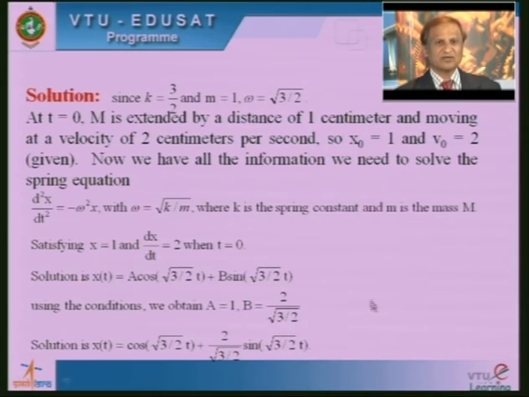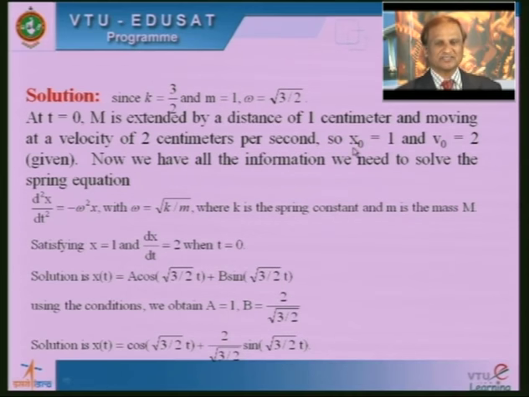They have given all those values. Since k is equal to 3 by 2 and the mass is equal to 1, omega is equal to square root of 3 by 2. At time t equal to 0, M is extended by a distance of 1 centimeter and moving at a velocity of 2 centimeters per second.